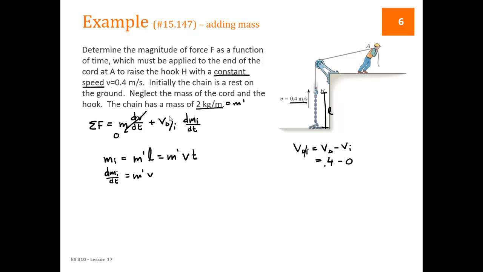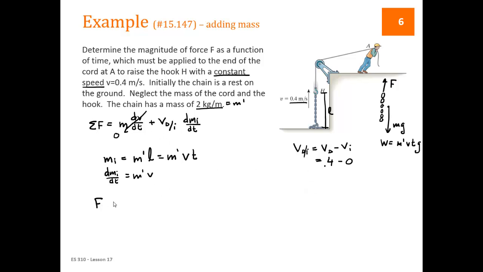Now let's take a look at the left-hand side, the sum of the forces. Here's our chain. We have force F at the top, that's what we're trying to find, and we have the weight of the chain, mg, hanging from the chain. Now m is m prime times L, so this weight equals m prime v t times g. Now we're ready to plug everything into this equation.